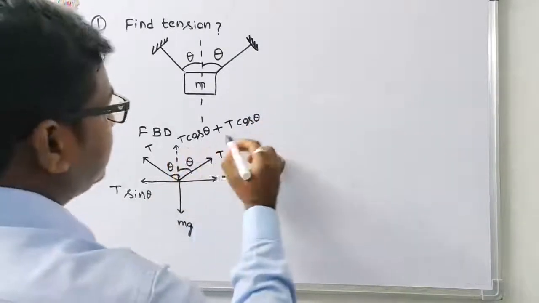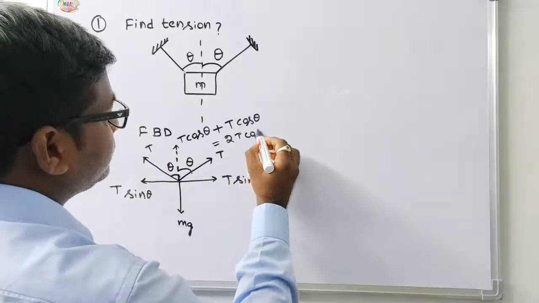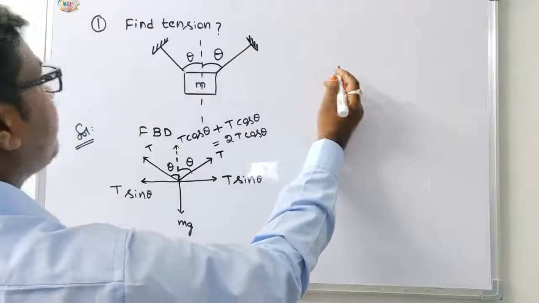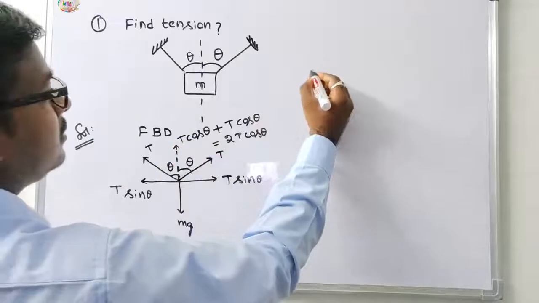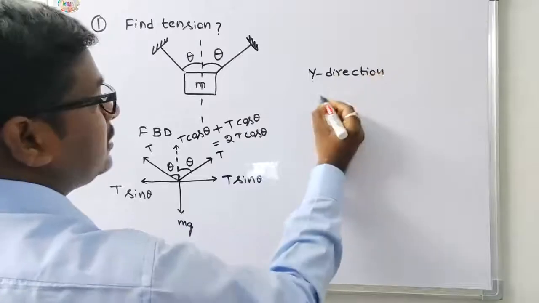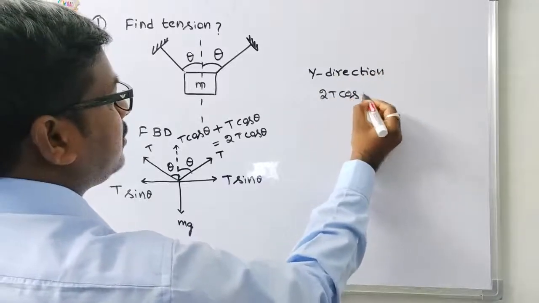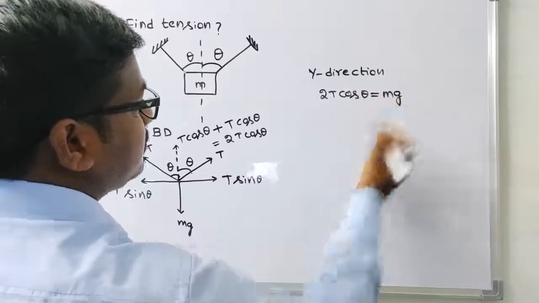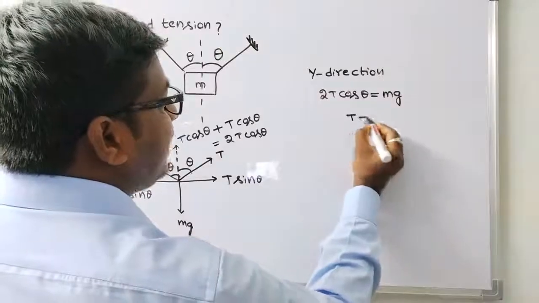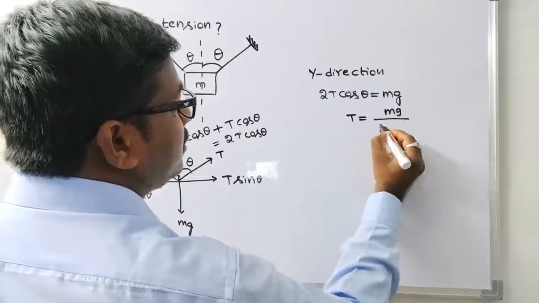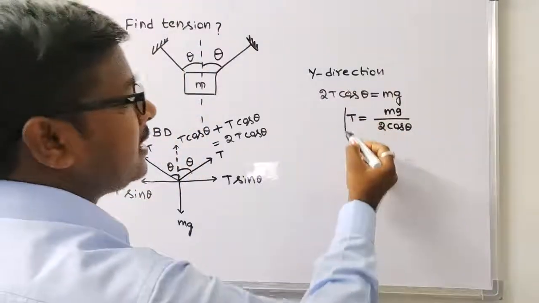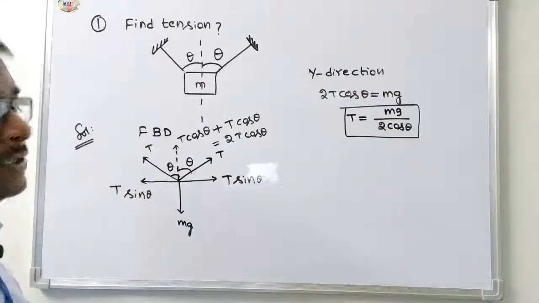T cos theta plus T cos theta is equal to 2T cos theta. To find the tension, take the y-axis. So 2T cos theta is equal to mg. Then the tensional force T is equal to mg by 2 cos theta. This is the answer.